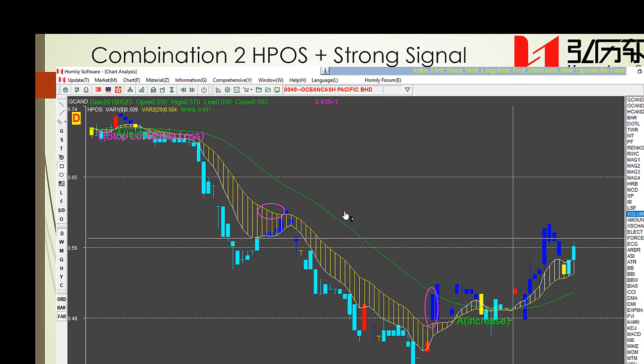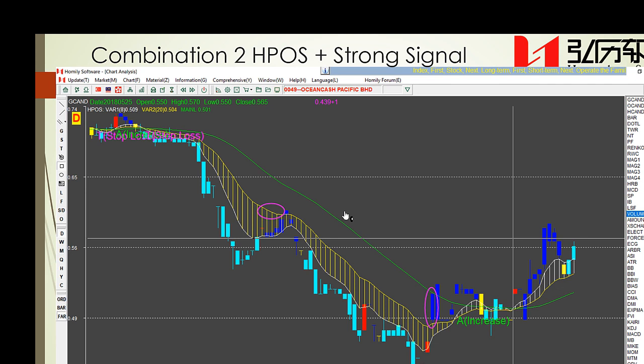So it will be better, but we should see it is still below the green line, so we cannot buy more. We can just open a position here if we want to buy, just buy less.